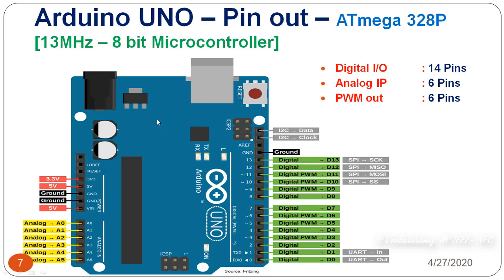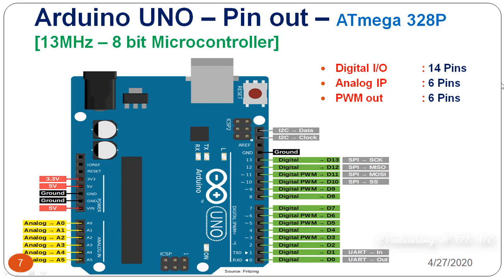This Arduino Uno operates with an 8-bit microcontroller ATmega328P and its operating frequency will be 16 MHz. And it has 14 digital I/O pins, D0 to D13, used to connect digital input output devices. And it has 6 analog inputs, for input purpose only, A0 to A5, and it has an inbuilt A to D converter.